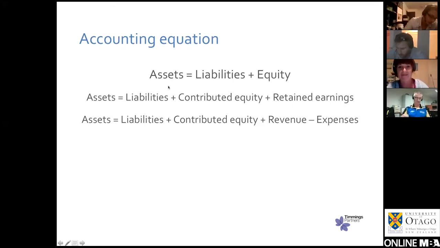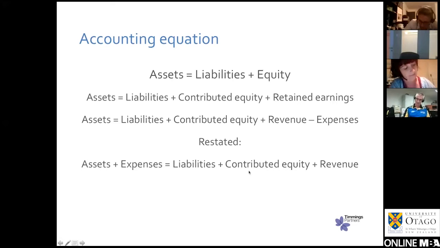So if this first line is the accounting equation, the next one's a slightly more expanded accounting equation, and that third line's the same. And then if we want to restate that, you just need to think about this in the context of when you were 15 and did maths at high school, you were able to restate equations so that they still held true.